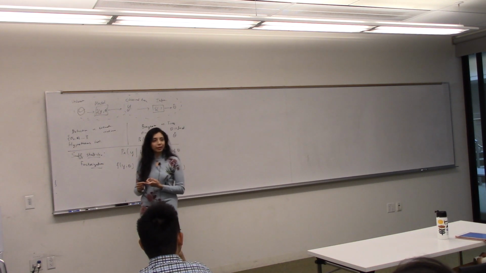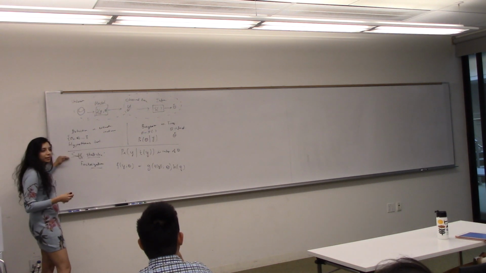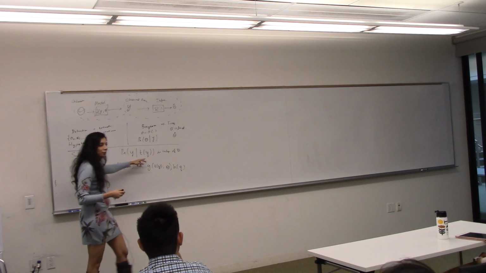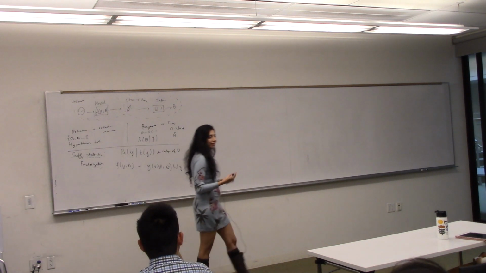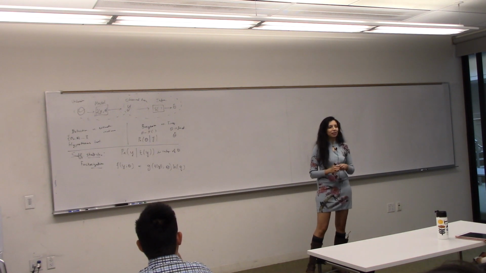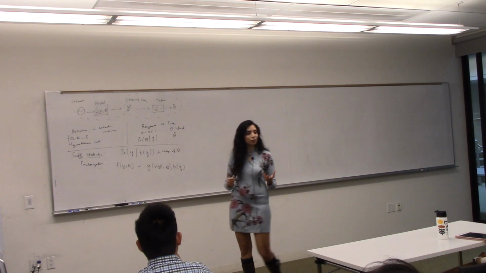And information bottleneck is an extension in another way, because if you recall, sufficient statistic was a deterministic function. This T of y is a deterministic function. But information bottleneck doesn't have to be. It could be a stochastic function of the data. People have looked at applications to deep learning.